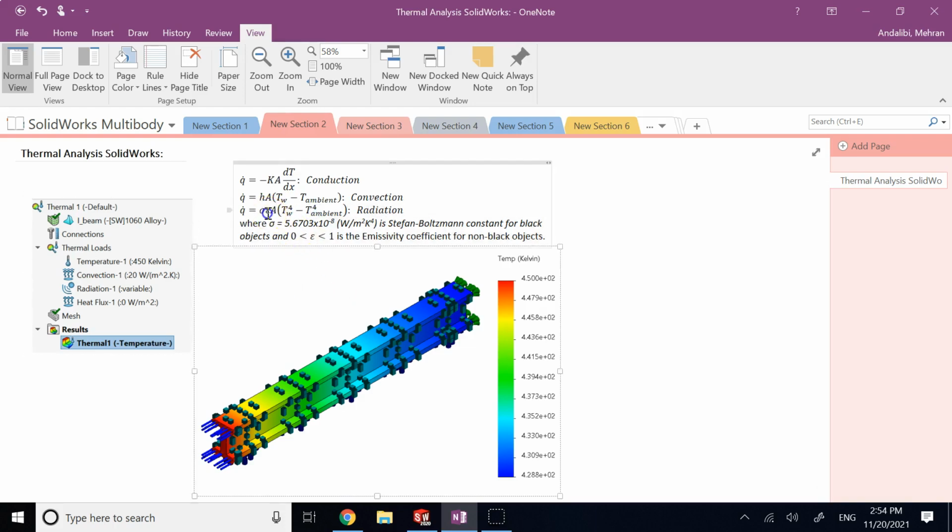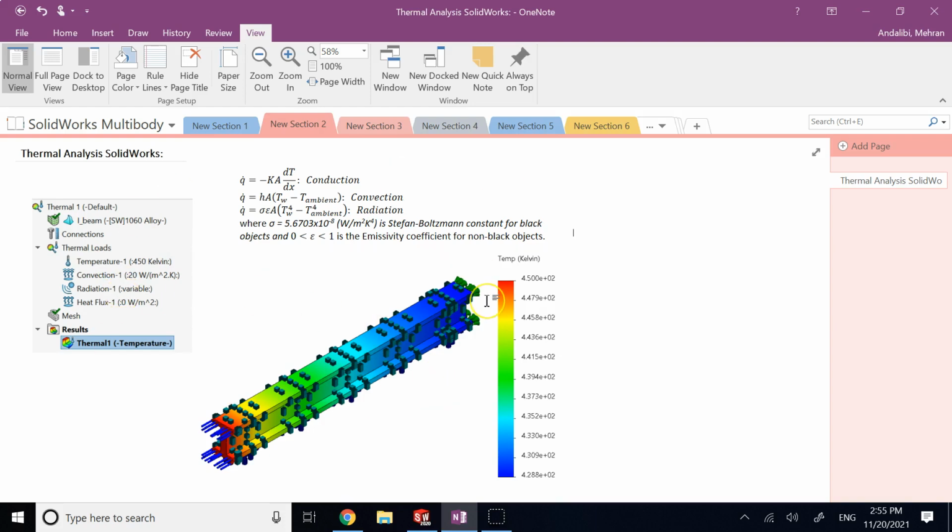And that fraction is shown by this coefficient epsilon, which is between 0 and 1. We call it the emissivity coefficient, right? So that's the emissivity coefficient of that object. So these are the three major heat transfer modes that we have for any object, correct? And as I said, we can also have a heat source, a heat sink, and a thermal load.